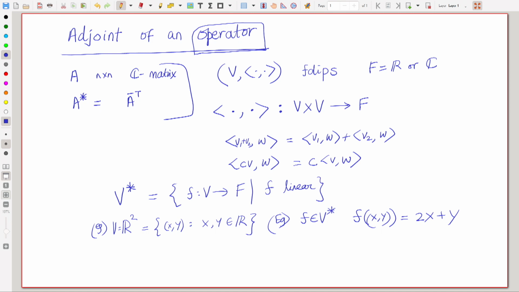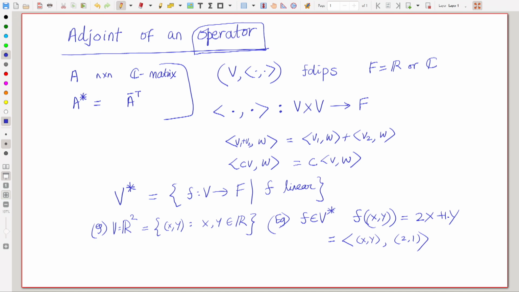Now here is the interesting thing, something we do without thinking so much, and also something which Pranabendu talked about. This 2x plus y can actually be thought of as 2 into x plus 1 into y. In other words, it is actually the inner product of (x, y) with the vector (2, 1).